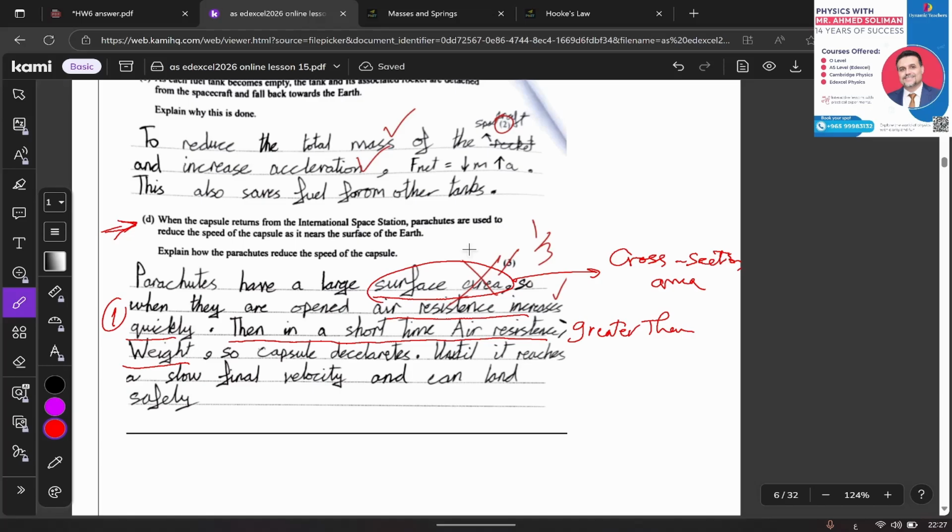I think so. But I prefer, because if you want the parachute to reduce the speed, you are talking about a deceleration, right?